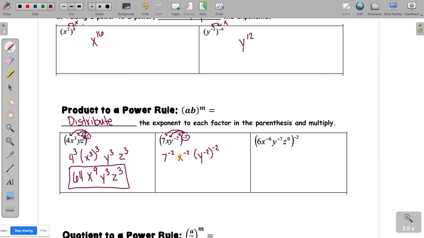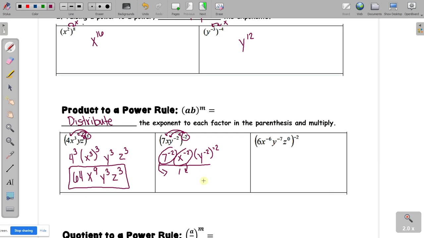We have negative exponents, so we need to change to a fraction. 7 to the negative second, we're bringing down. x to the negative second, we're bringing down. Let's see if we need to bring down our y. Here when we multiply, a negative times a negative is a positive, so we're going to get a positive power, positive 4.